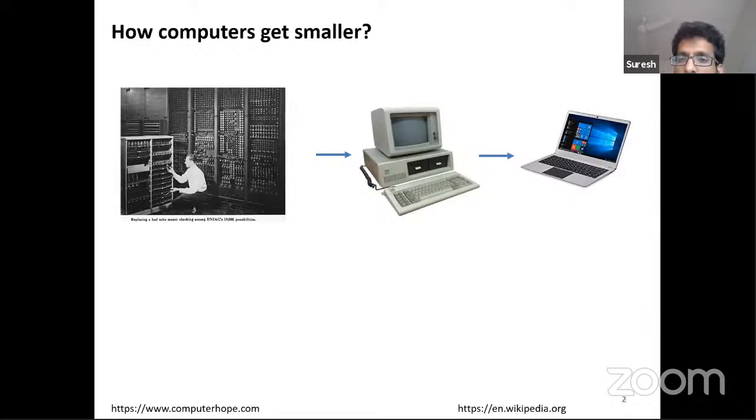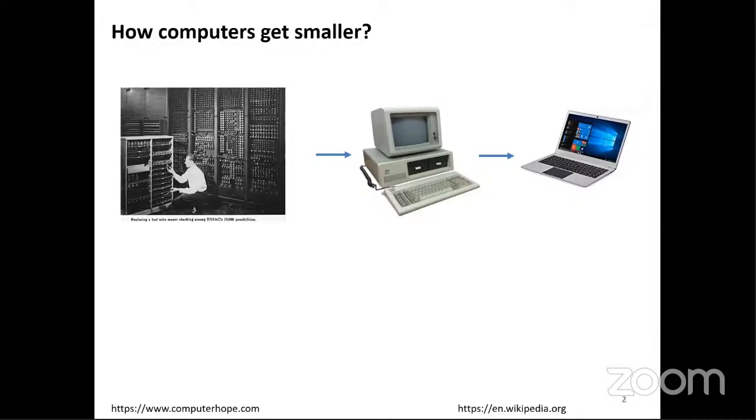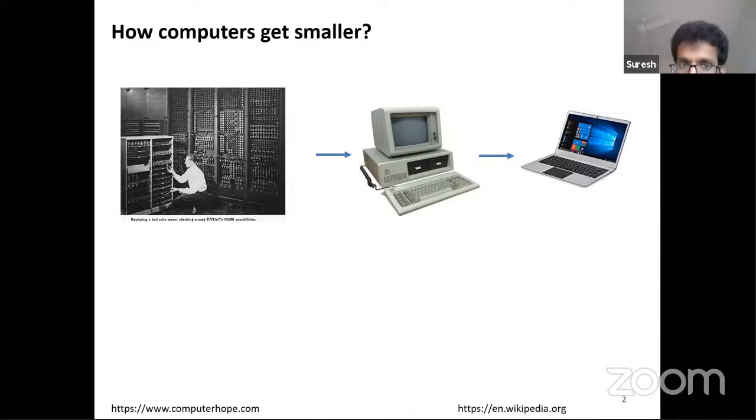So my question is, how are they becoming smaller? What is changing? Their performance is in fact improving with time. Micro and nanotechnology. Yes, that is one. Any other thoughts?